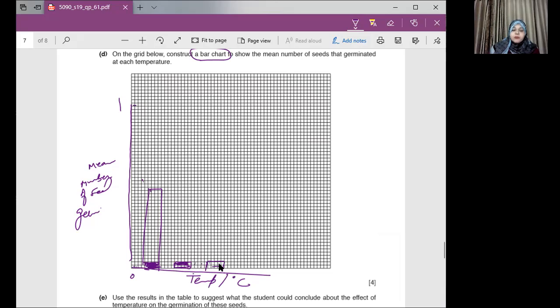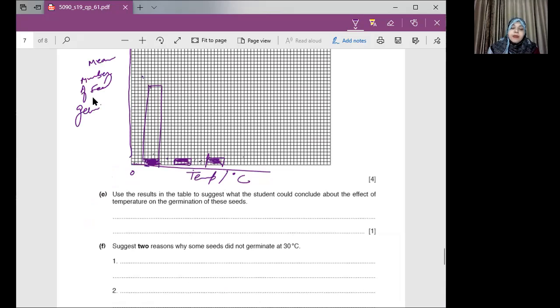Here you are observing that the width of all bars should be the same and the distance between all the bars should be the same. It doesn't mean that you keep 2 boxes difference here, 3 here, 4. The distance and the width should be the same. 5 bars, and it should be correctly plotted. Then you will get 4 marks easily.